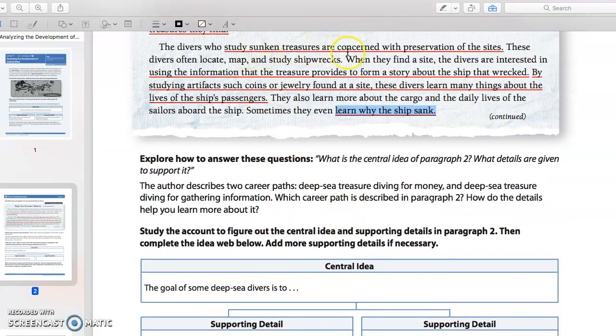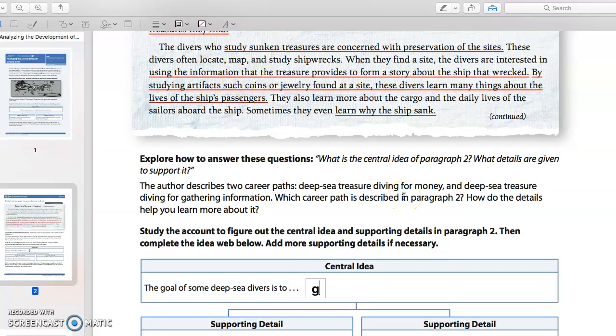The divers who study sunken treasures are concerned with preservation of the site. So, what is the central idea? If they're concerned with preserving the site, what is their goal, right? Their goal is to gather, they're interested in using information.